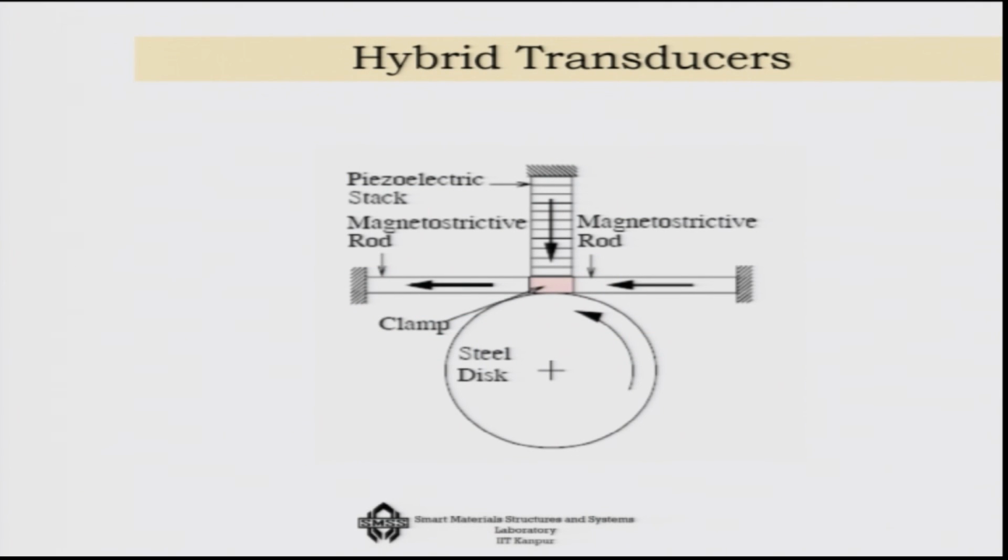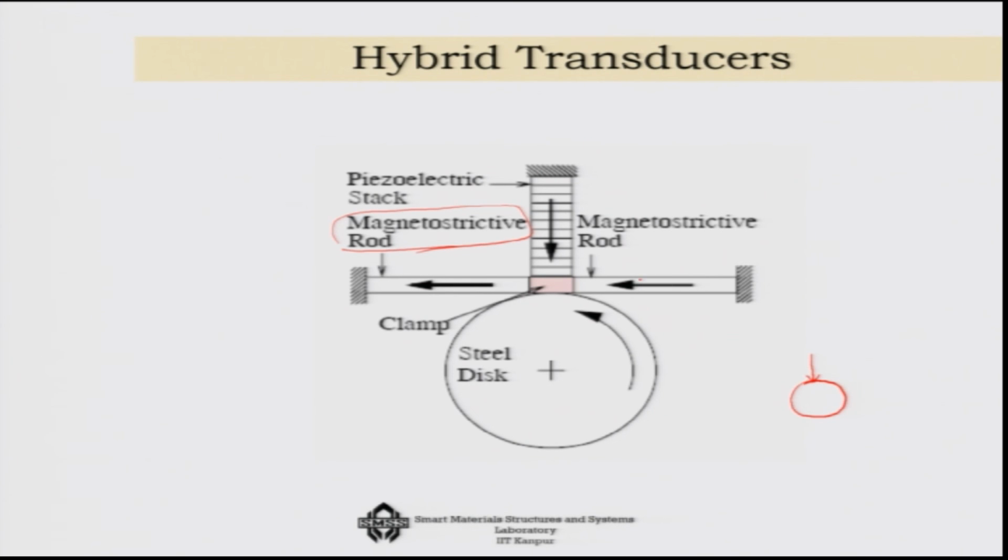You can also develop another intelligent application of the system, known as hybrid transducers. For hybrid transducers, we have a magnetostrictive rod, the horizontal part, and a piezoelectric stack which is vertical. By controlling the piezoelectric stack's motion in combination with the magnetostrictive rod, first of all, if it expands, it is going to touch the system.